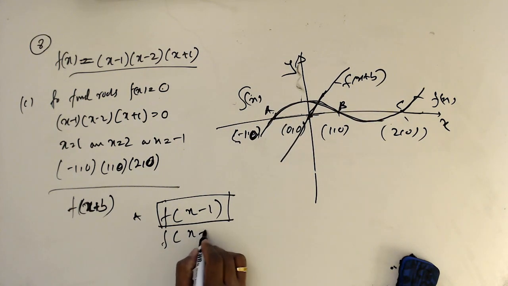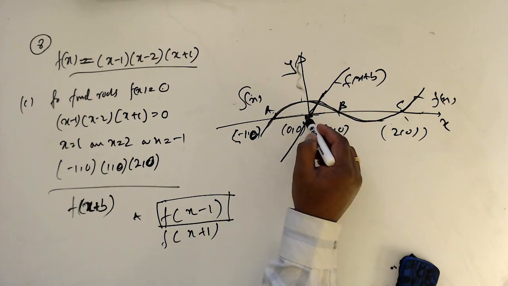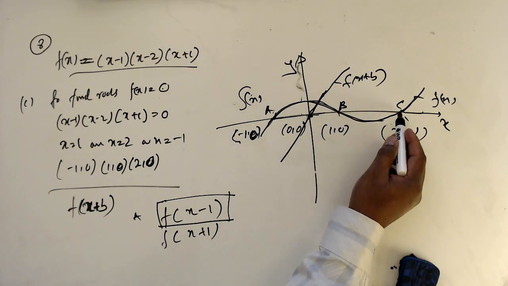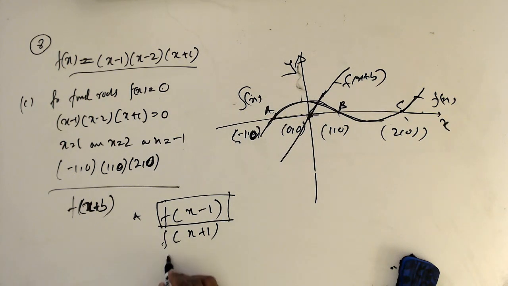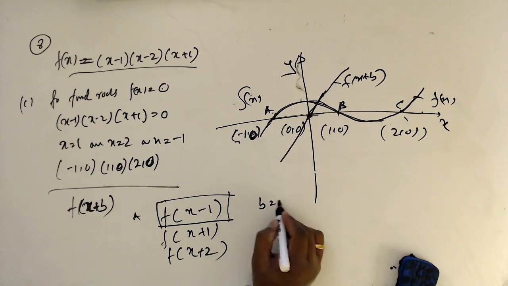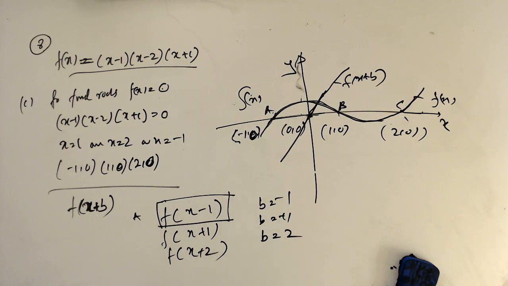Then that is going to be f(x + 1). Or C, if you push 2 to the left, then still this curve goes through (0, 0). Then the other one is f(x + 2). Then we have three options: b is either -1, or 1, or 2. So those are the three options.